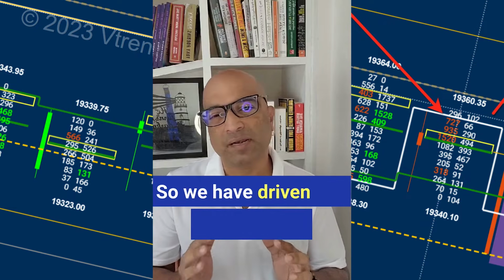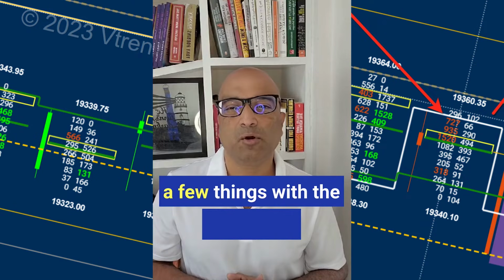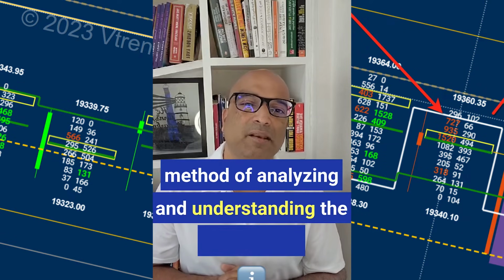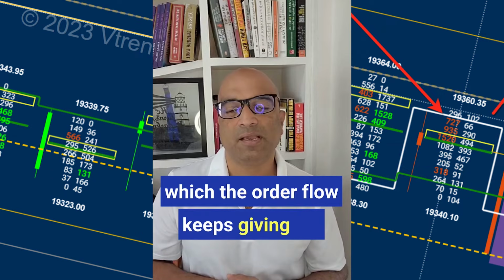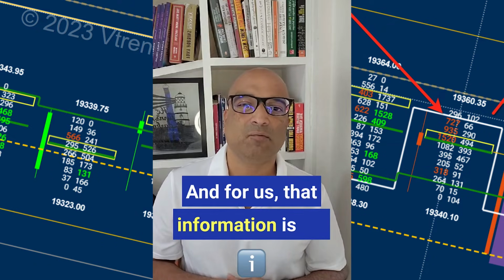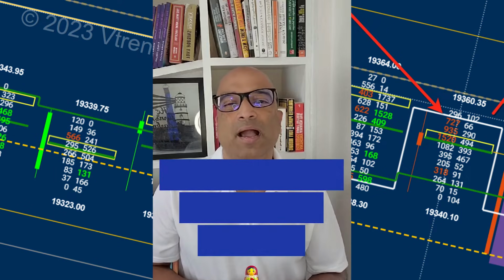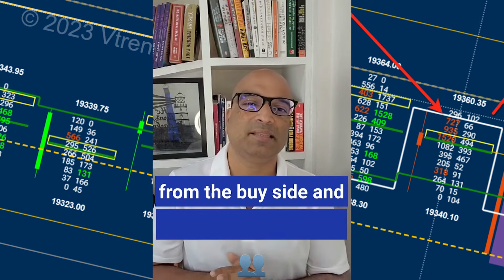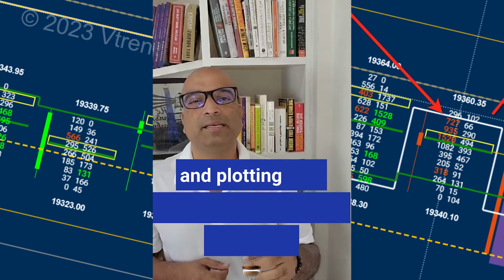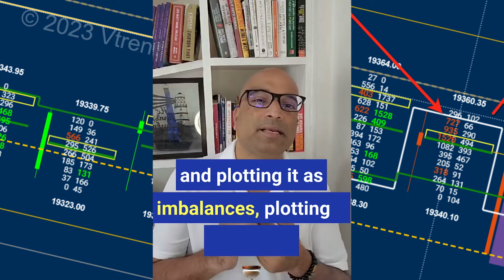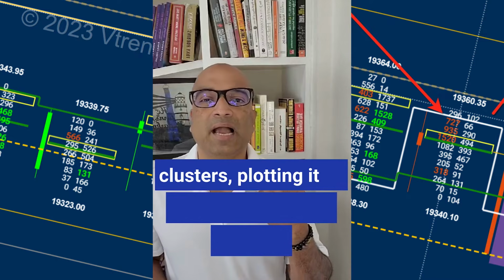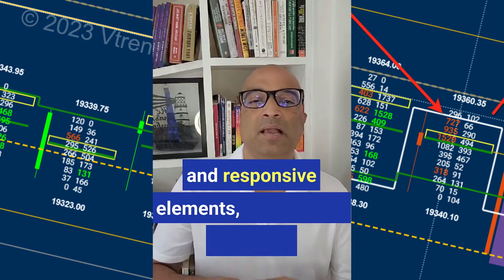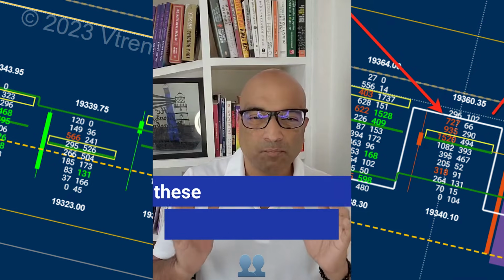So we have tried a few things with the order flow, and we think we found a method of analyzing and understanding the information which the order flow keeps giving us. For us, that information is understood simply by stacking all that information from the buy side and the sell side together, and plotting it as imbalances, plotting it as volume clusters, plotting it as zeros, plotting it as initiative and responsive elements, and plotting it as all of these put together.